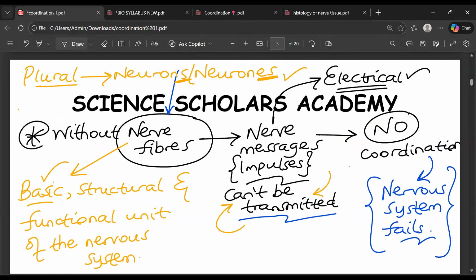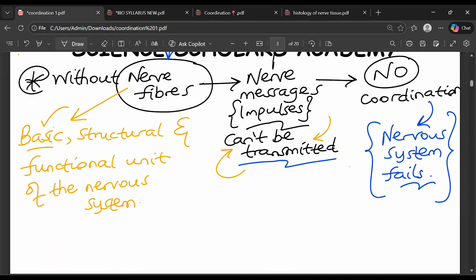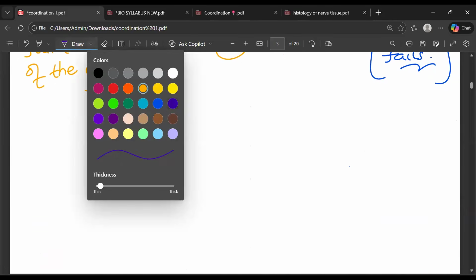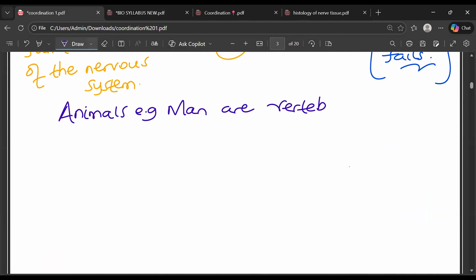So we are going to, I think immediately after talking about the central and peripheral, this is the point I really need to use to show you the divisions, so that in the future you're not surprised, because this is supposed to be the introduction. So remember, animals, man, have vertebrates, because in BS they call it the vertebral or the vertebrate nervous system.